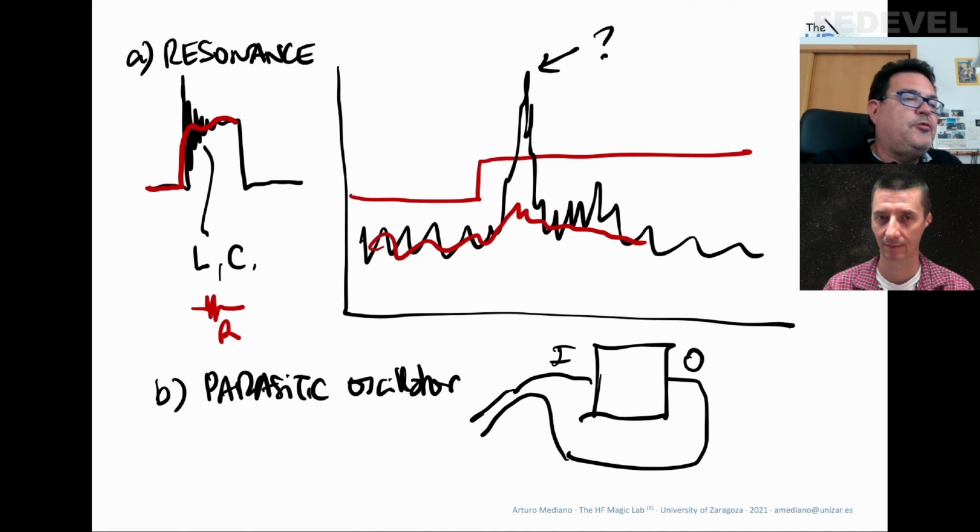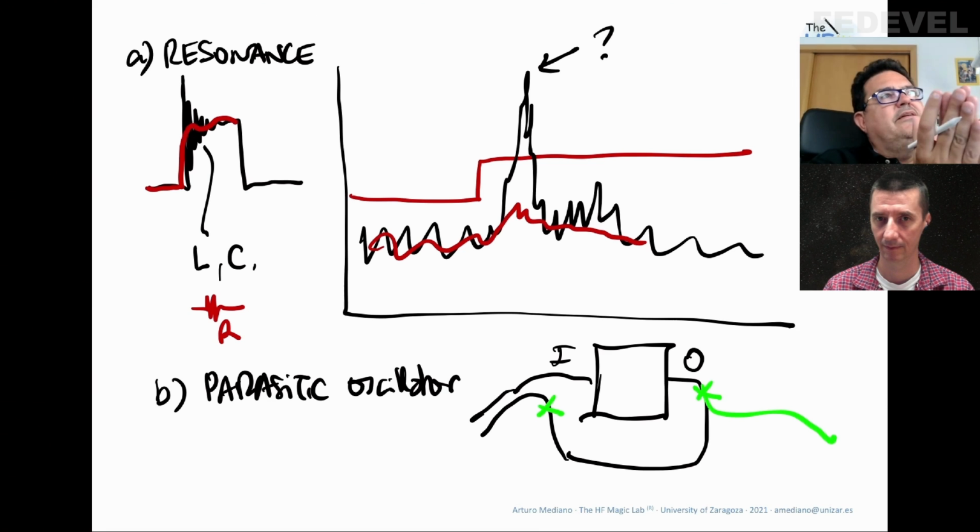For example, if this is a trace, you can try to cut here with a cutter, and you can put a line far from the original layout. If the oscillation stops, that is clearly a situation of this parasitic feedback. Not easy, but you have possibilities to do things with this.